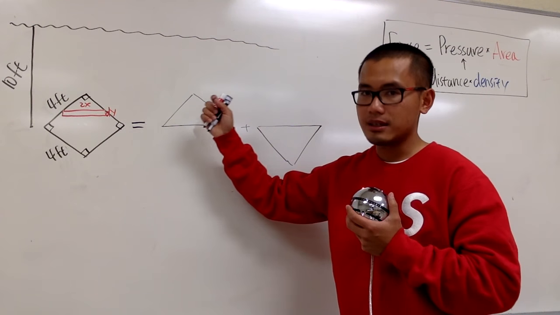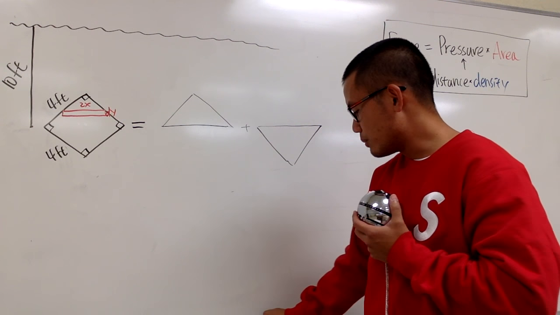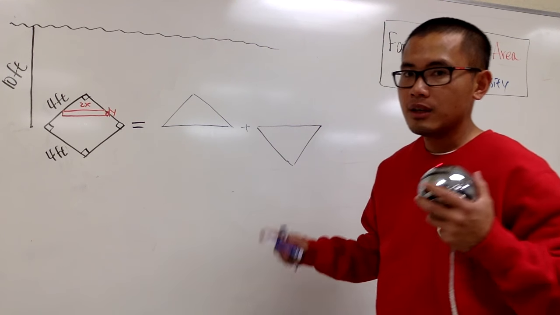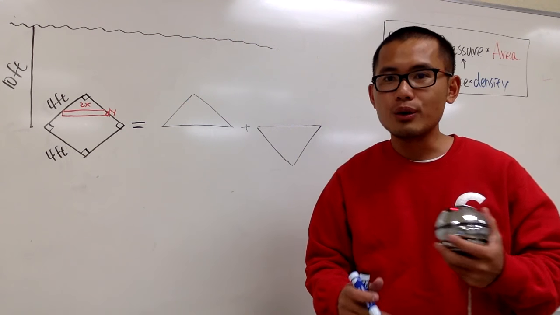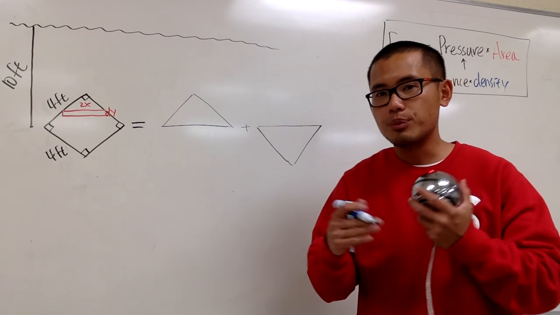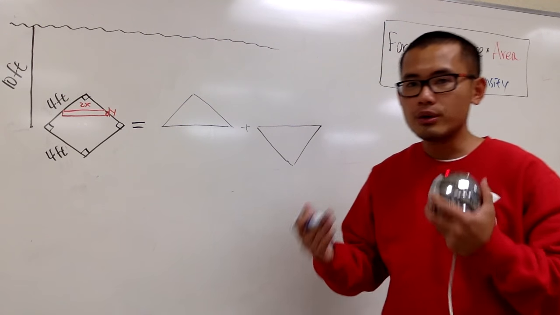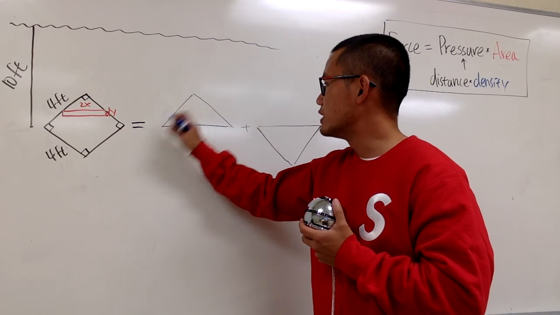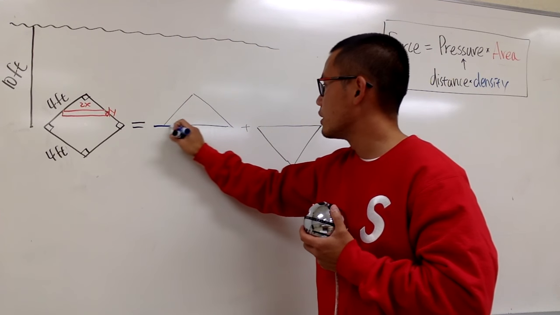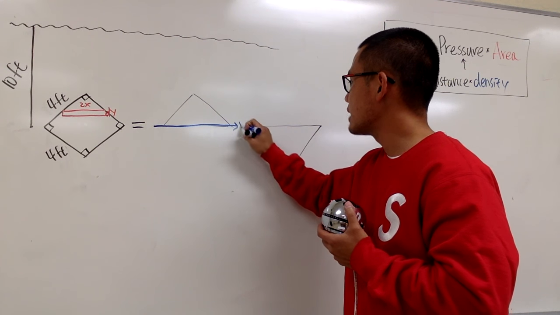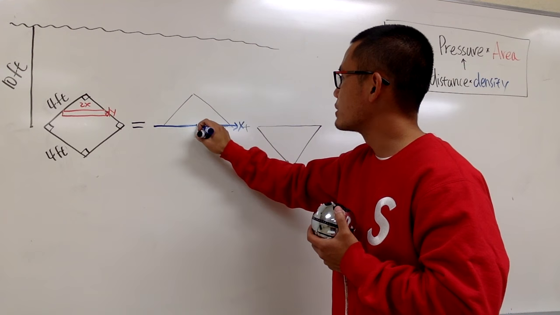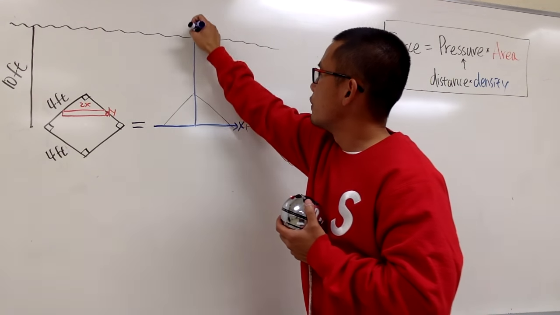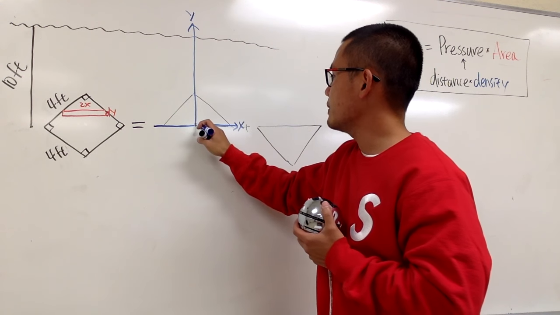Anyways, let's focus on this one first, and I will draw my reference frame. You should have seen the previous video. It doesn't really matter where you want to put the reference frame, but let me tell you the one that I wanted to use. This picture here will be my x-axis, and I will, of course, go like this for my y-axis, okay?